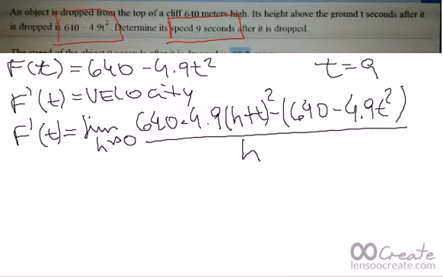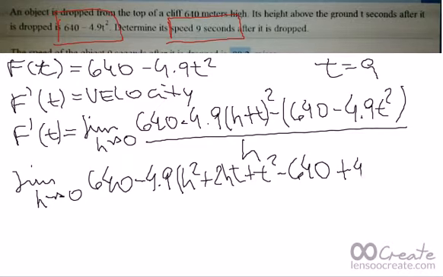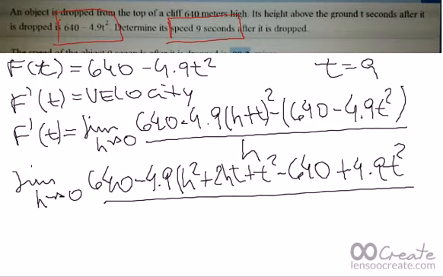From here, the limit as h approaches 0 is 640 minus 4.9 times (h squared plus 2ht plus t squared), minus 640 plus 4.9 t squared, again all divided by h.